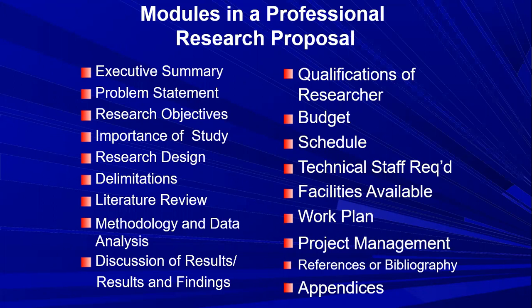Discussion of results, or results and findings, what you would get. So these are the things which come in a professional research proposal. And what also matters is the qualifications of the researchers who are doing it, the budget, how much is included, the schedule, when it starts and when it is going to end, technical staff required if it is technical or scientific, facilities available for doing the research, work plan, how we are going through it, project management, and references or bibliography, where we have taken this data.